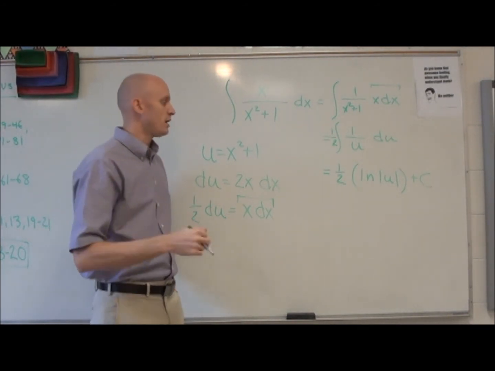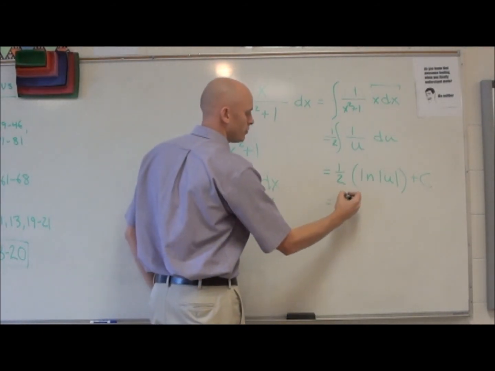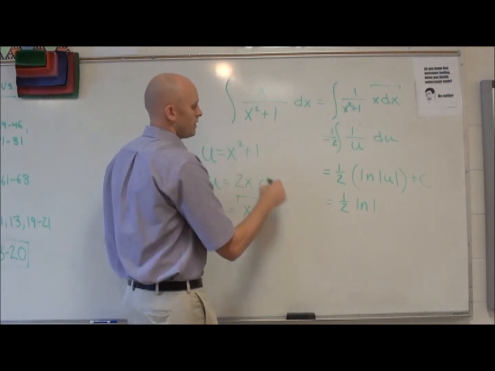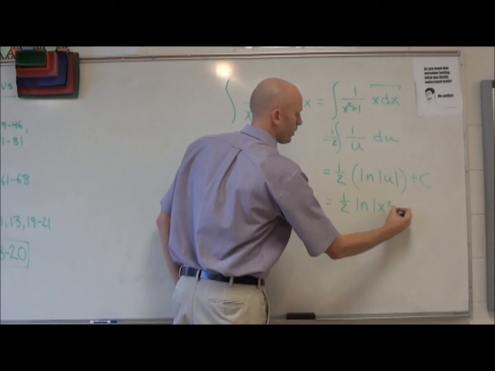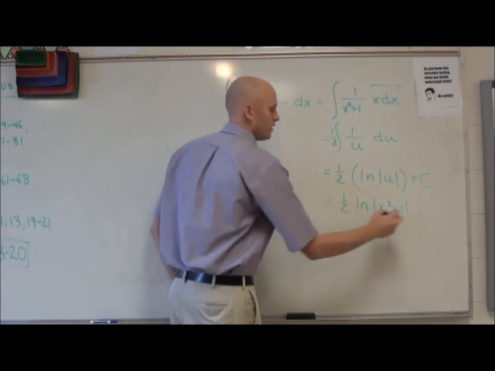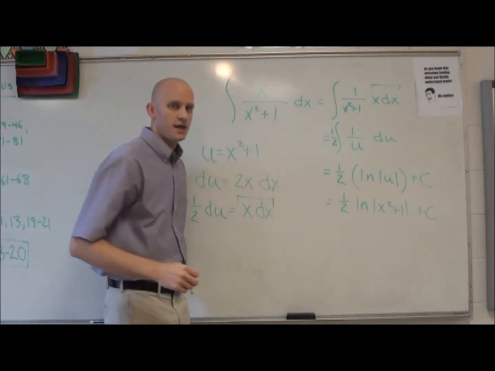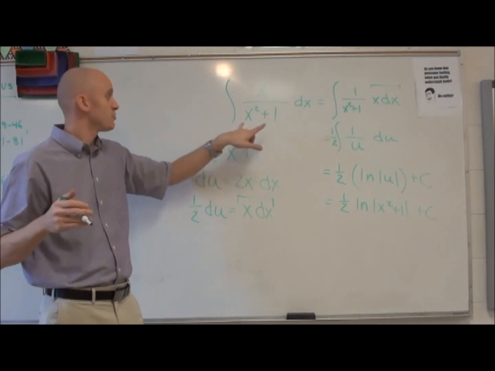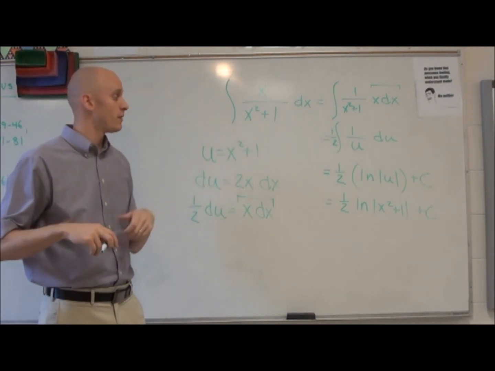Then all we need to do is plug back in our u value, which is 1/2 the natural log of x squared plus 1 plus c. Here is our indefinite integral, or the antiderivative of x over x squared plus 1.